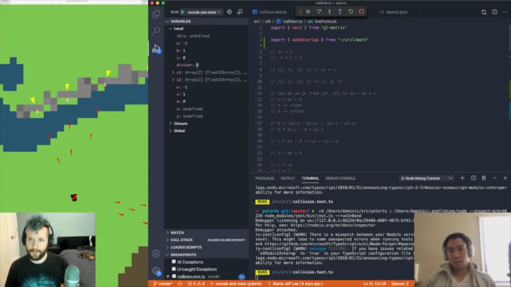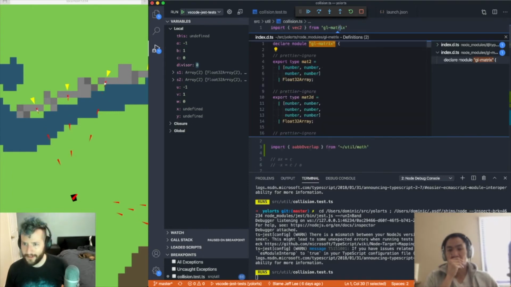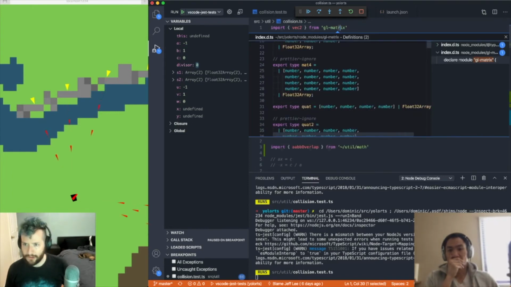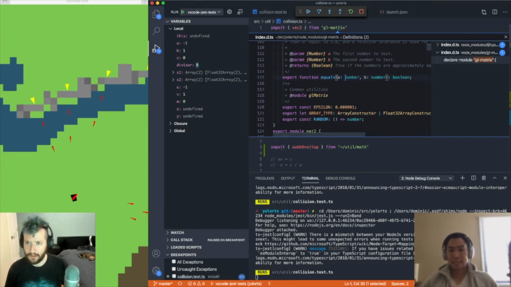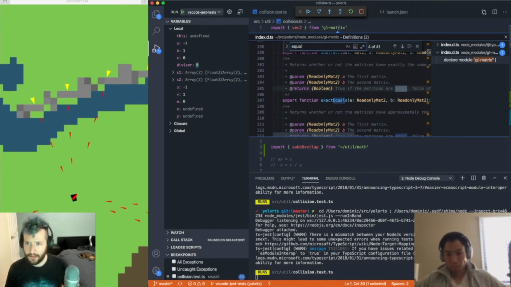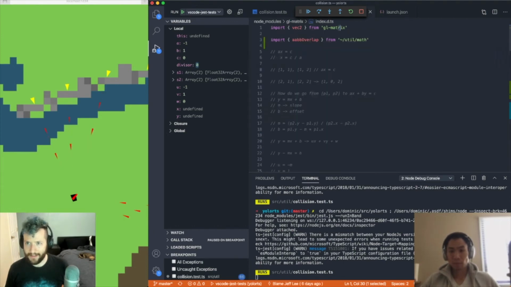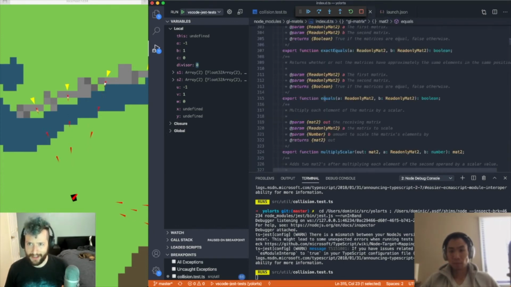Is it this or is it? It should be common.equals. Yeah, I think it's common. Oh, okay. I'm not sure. Yeah, it might be common. It didn't look like common was a namespace that it exported either.